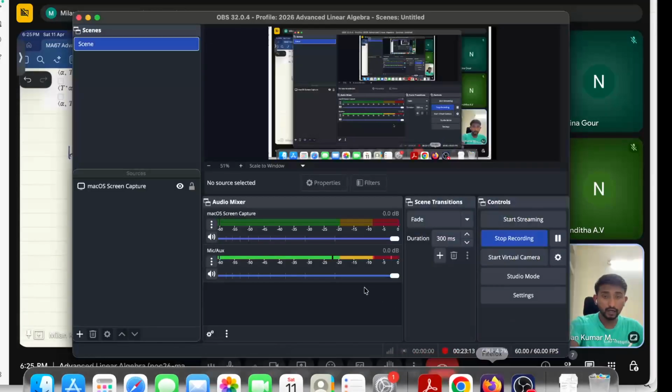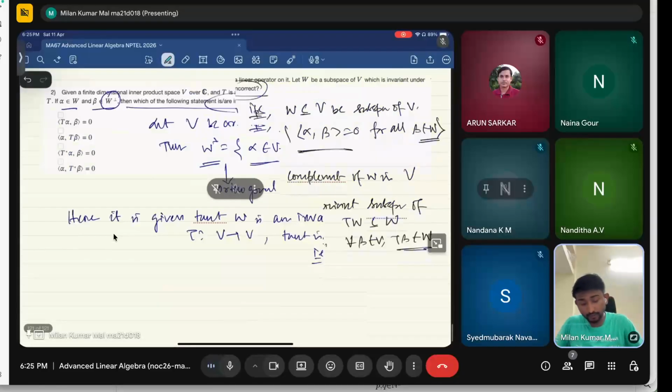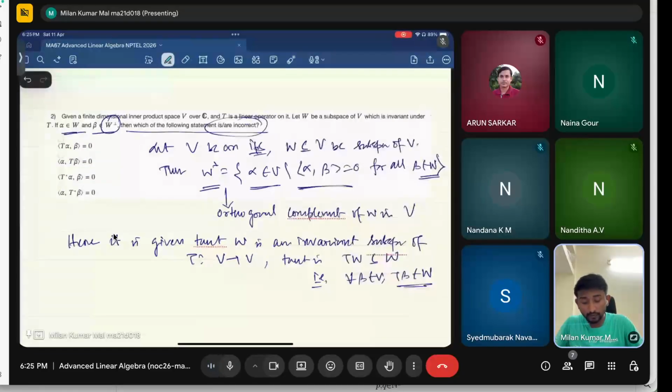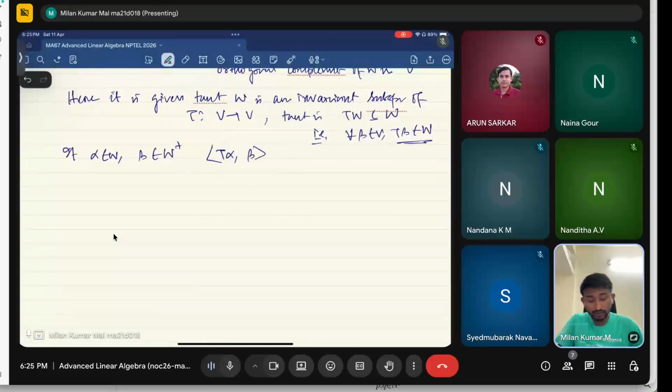Now here I need to check: if alpha is coming from W and beta is coming from W perp, then some conditions are given. So let's take alpha from W and beta from W perp, then the inner product of T alpha with beta. What can we say about that?